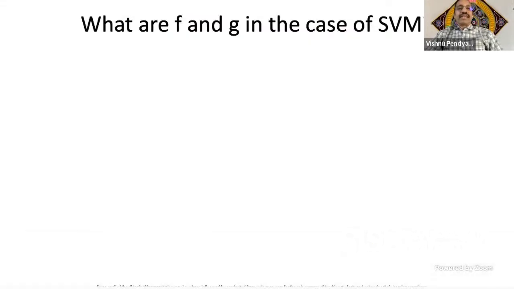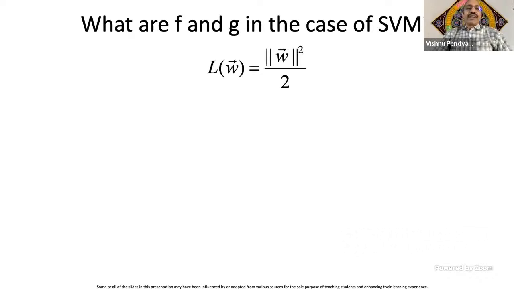So now let us go back to support vector machines. So that's our Lagrange multiplier method. So what are f and g in support vector machines? f is our reciprocal of the margin. You can think of it as a loss function L, which is the squared norm divided by 2.